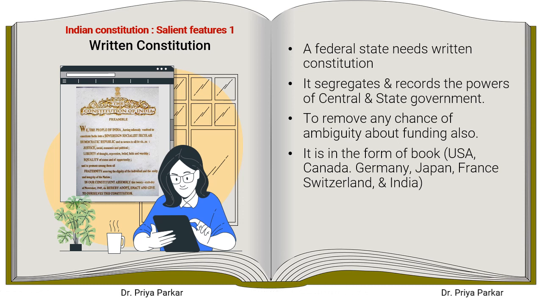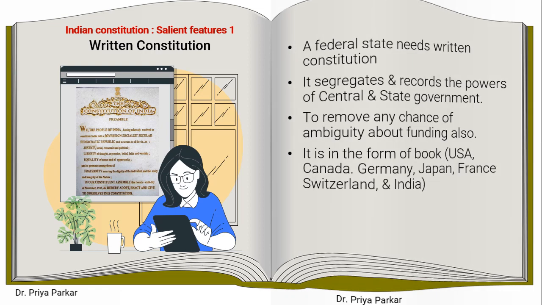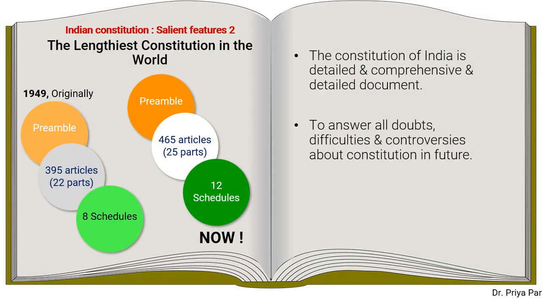The second salient feature of our constitution is that it is one of the lengthiest constitutions in the world. The Constitution of India is detailed and comprehensive. It was written thoroughly to answer all doubts, difficulties and controversies.